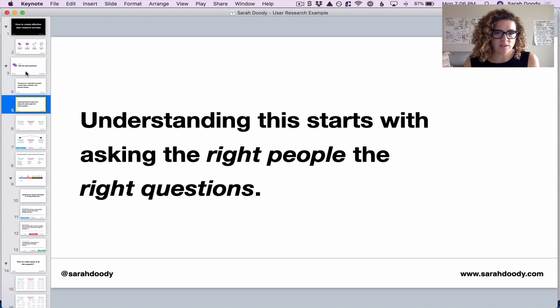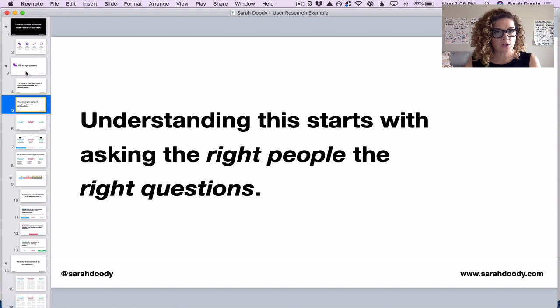To understand this though, a key thing is asking the right questions of the right people. And surveys sometimes get a bad rap, and I think it's because people tend to not put the effort and thought into writing very articulate questions, because the quality of the answers that you get back is directly related to the quality of the questions you ask.